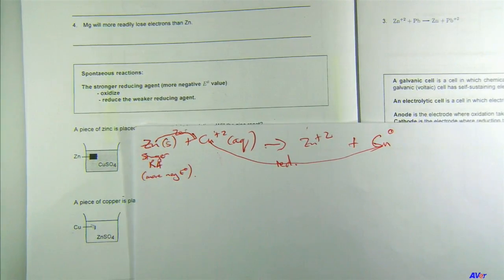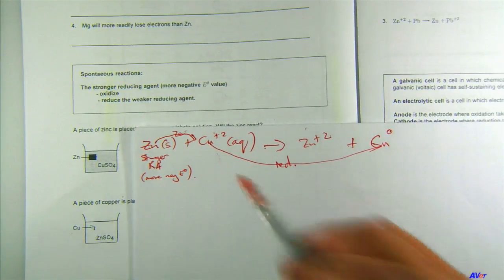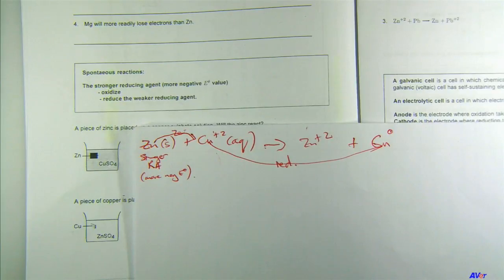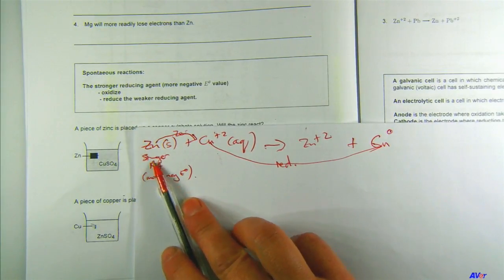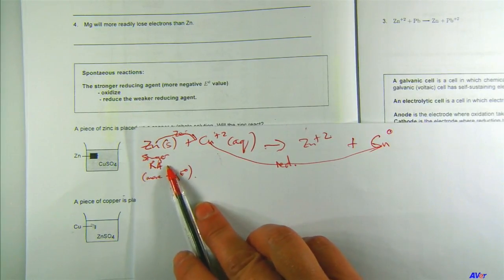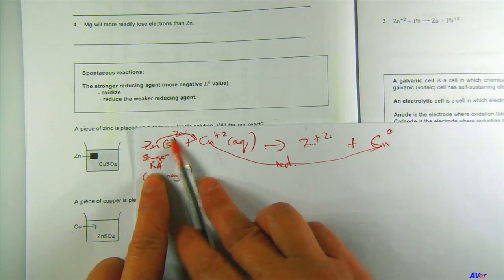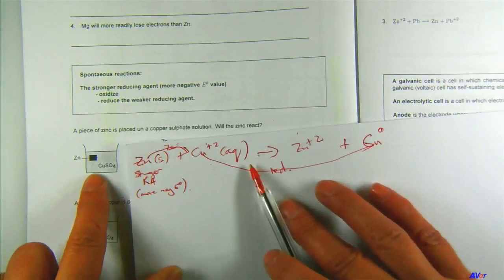So if they ask you, is this spontaneous? The first thing is to go to the table to see who's fighting harder to be in the oxidized state. Zinc is the one that is fighting hardest. Zinc has got the more negative E0 value, so it's the stronger reducing agent. It will tell the copper to take those 2 electrons. So what will I observe in this reaction?